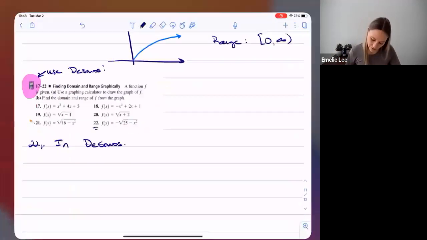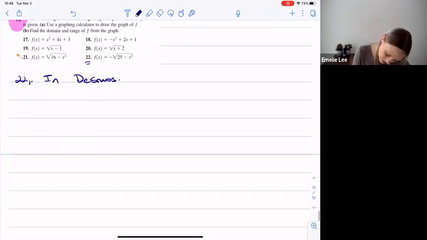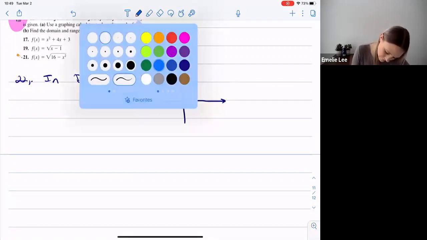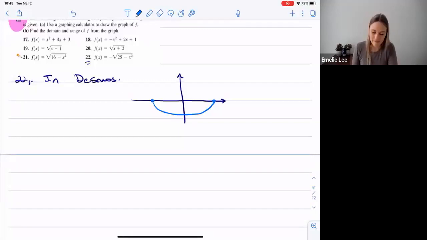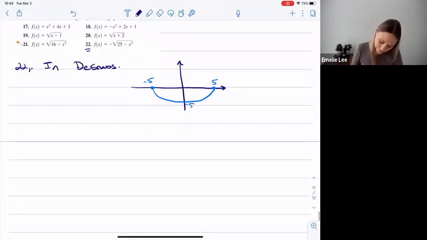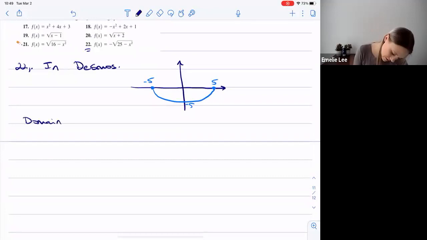So from the graph, let it catch up here, we find it's something like this. Here, this is at -5, this is at 5, and this is at -5. So the domain we see here, we could have calculated as well. In fact, if you calculate it, you should check it in Desmos.